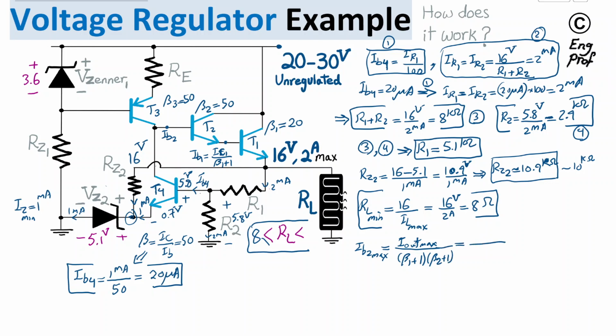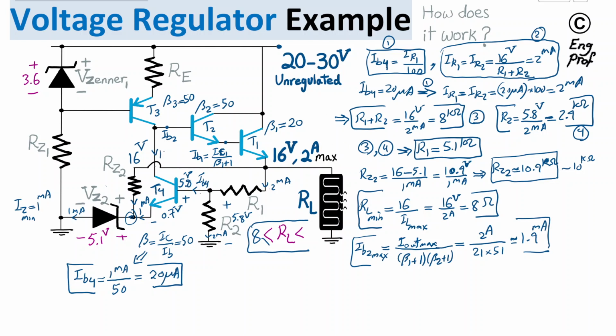We can write 2 amp divided by beta 1 plus 1, which is 20 plus 1, 21, and then 50 plus 1, 51. This roughly becomes 1.9 milliamp. So the maximum base current needed at the base of transistor T2 is 1.9 milliamp to support the 2 amp max that is desired for this circuit.